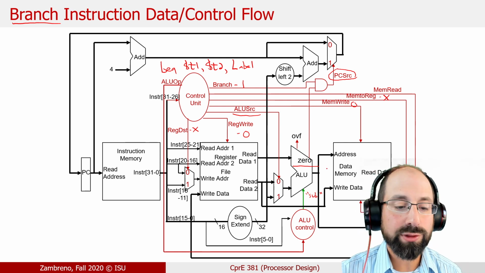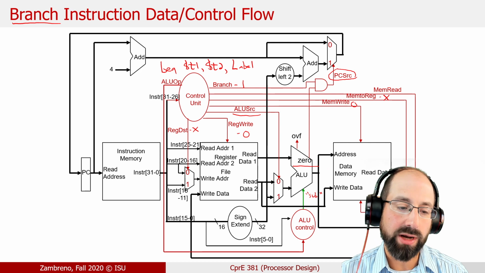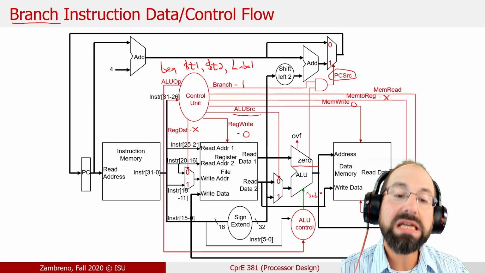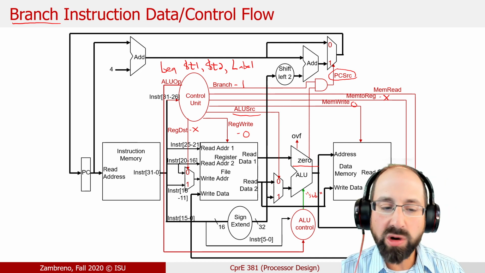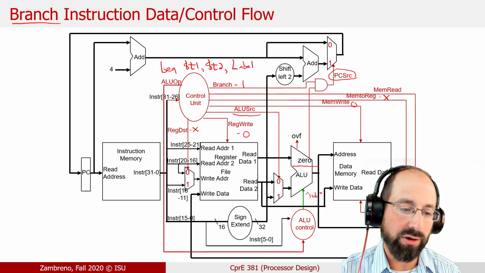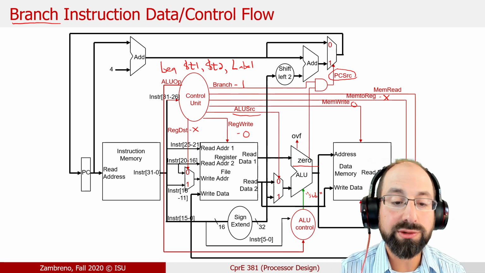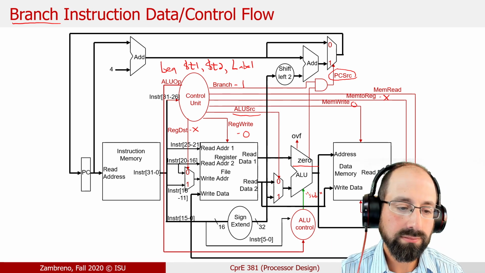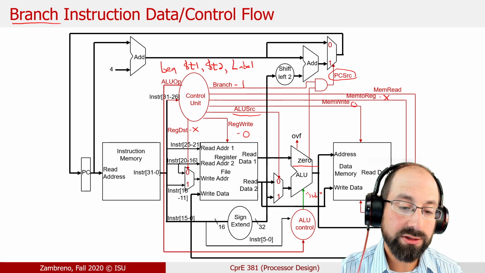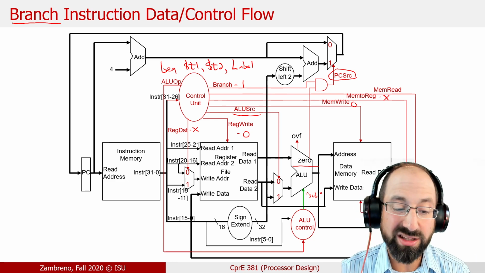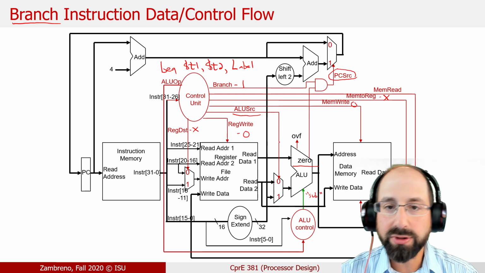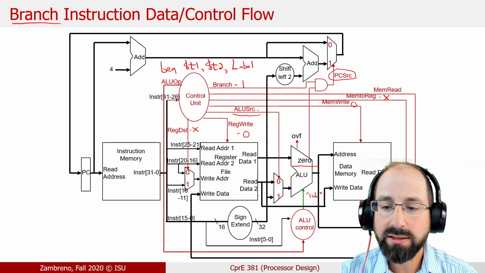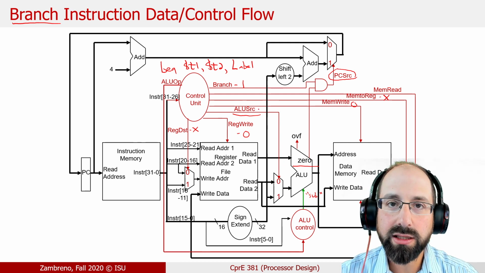We just care if the result of the subtraction was a zero or not. Because if T1 is equal to T2, then T1 minus T2 is equal to zero. And so that's what our branch would be doing here. Take the two registers. So I think that kind of answers the ALU source question. Those of you who put 0 for this were correct. A slim majority.